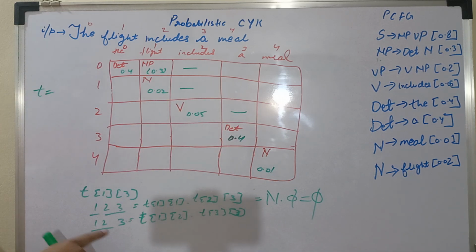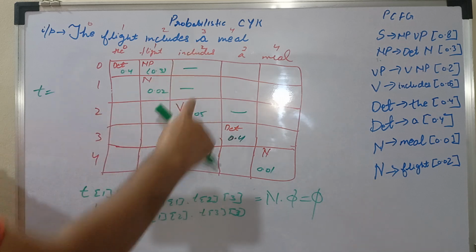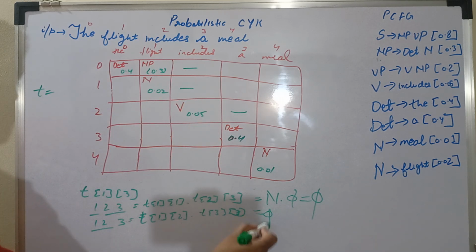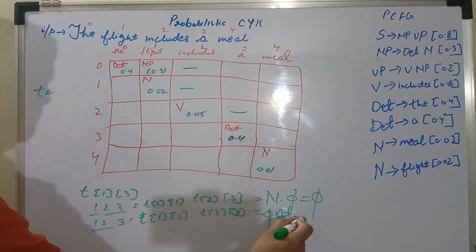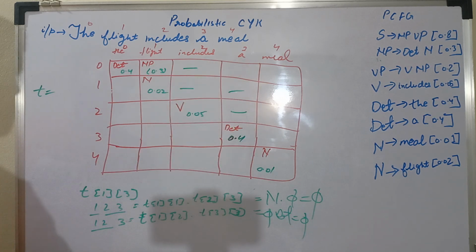Now 1 2 is again 5, and 5 into another thing would become 5 alone, so this is also done.